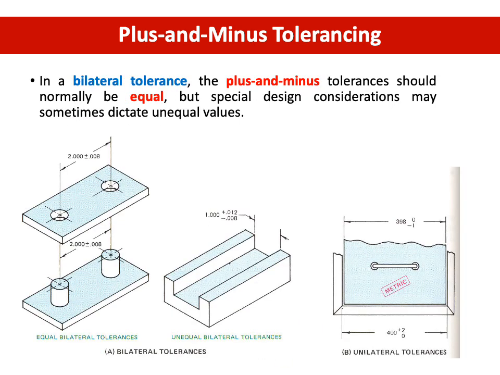Next, this is another example of the bilateral tolerance you can go through for the plus and minus methods. Normally they should be equal between these two.